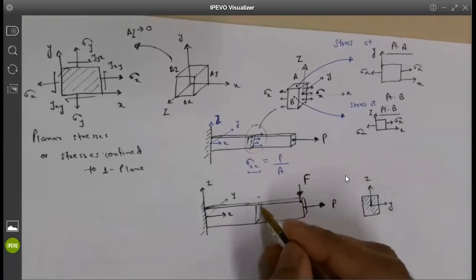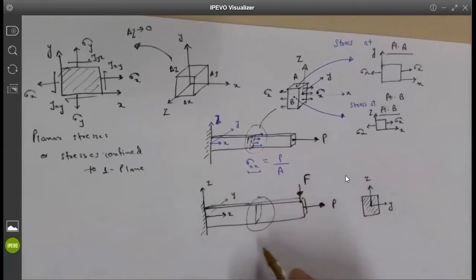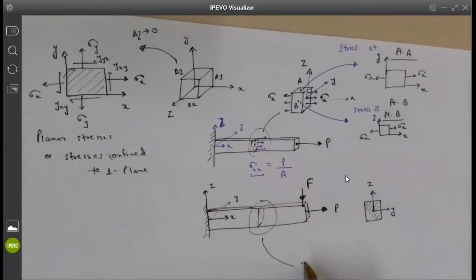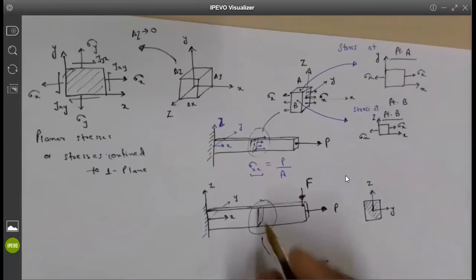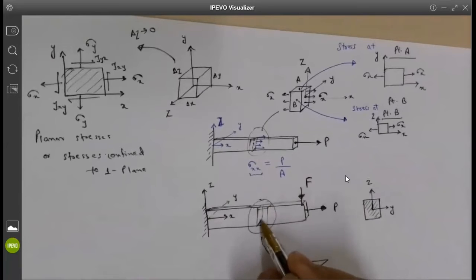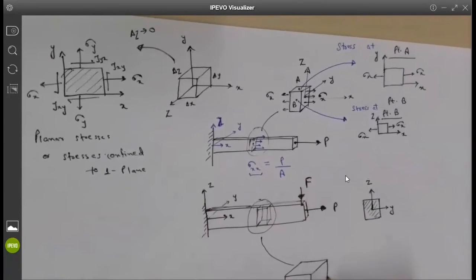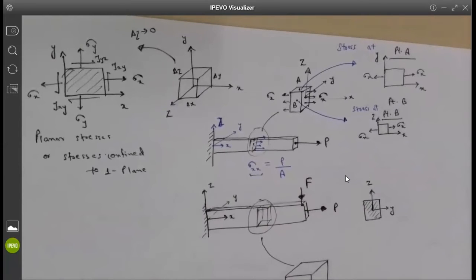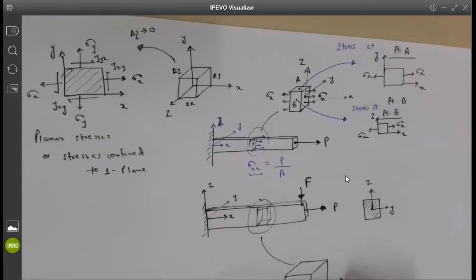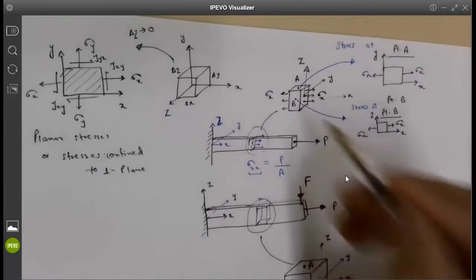So if I now zoom in on this specific section, where this is your X, this is your Y, and this is your Z, I have this point A again, just like here, and I have my point B, just like here.